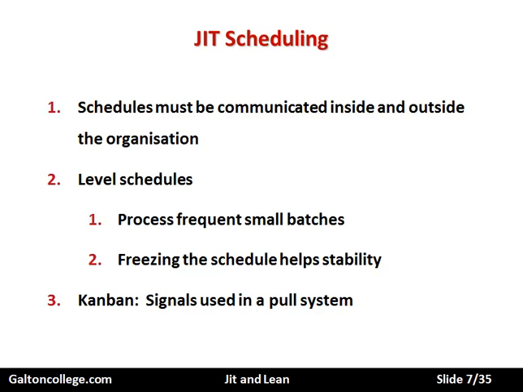And there may be different stages in the production. And this could be reflected on a Kanban board in an office, which will show the stage where the slip has got to.